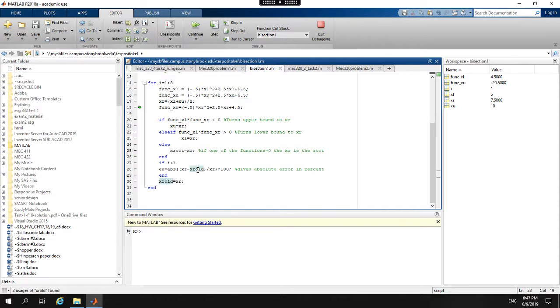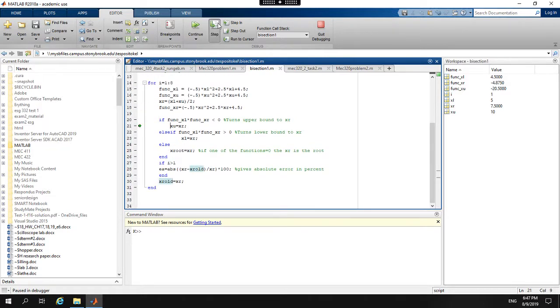So that's going to make xr old equal to the last xr, because xr changes in this section here. So xr old will be from the last one because it's not before this. Order does matter a lot when you're coding in Matlab. Just something to point out. And then we get to the end, and that's pretty much it for the for loop.